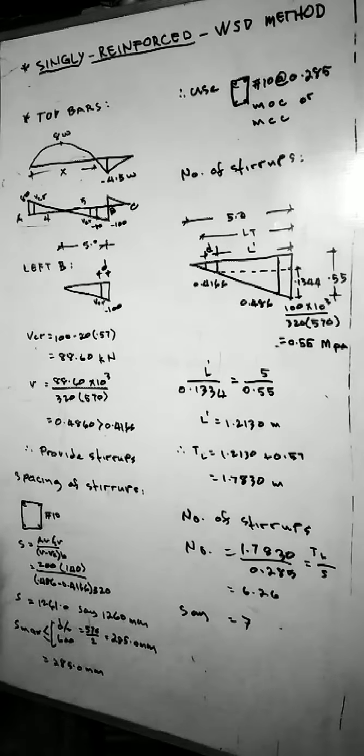This Av is the total cross-sectional area of the legs of the stirrup, the cross-sectional area of this times 2, because there are two legs.